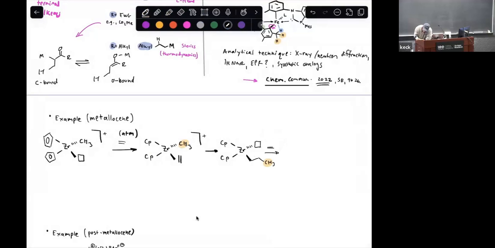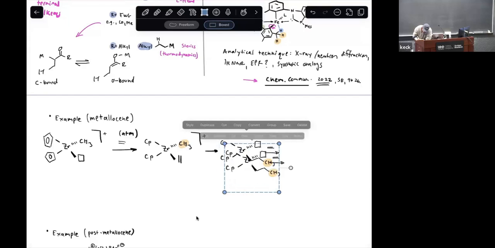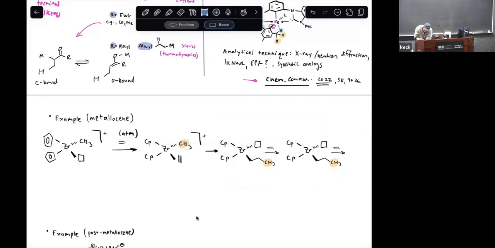So what do we think now? Just get another one that comes in and coordinates. Another one. And ad infinitum, and so on and so forth, until you get to what in the end? Polyethylene.